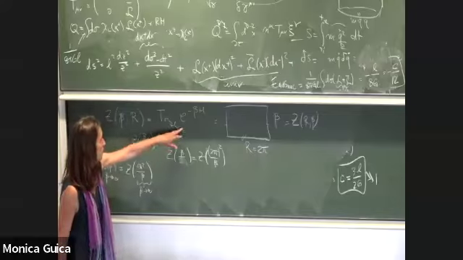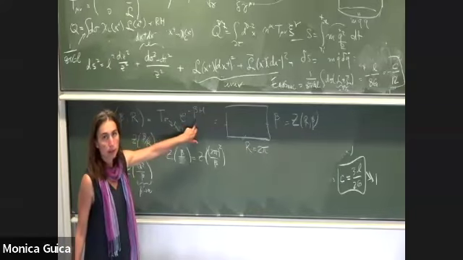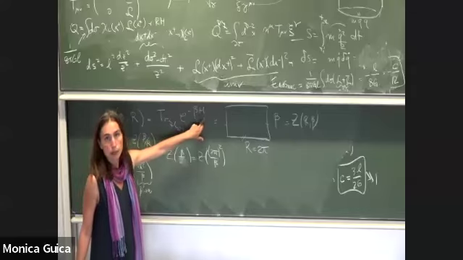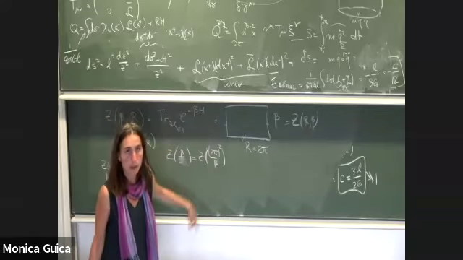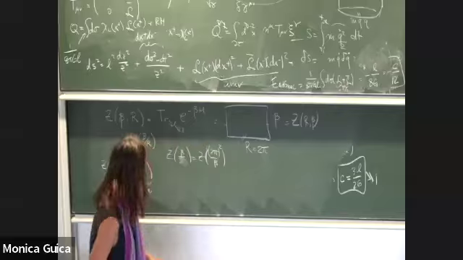When beta prime is going to infinity, basically only the ground state, the lowest energy state, is going to give the leading contribution.